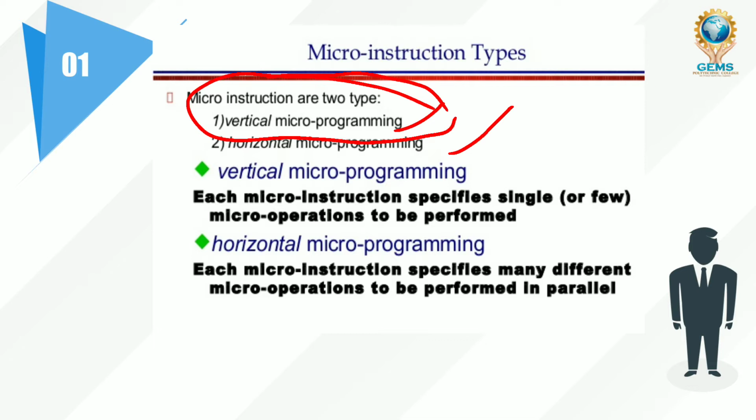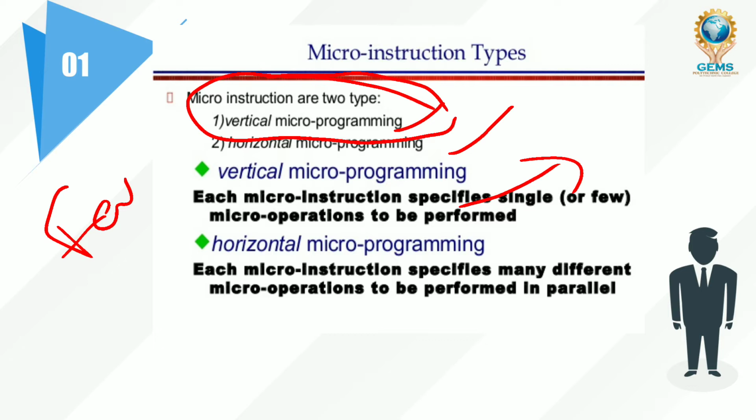So vertical talks about only one or a few. Vertical is restricted to one or a few operations, but horizontal will perform many operations in parallel.